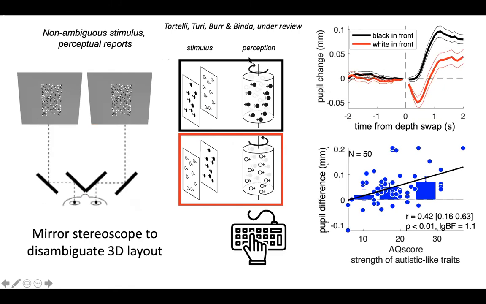So with a mirror stereoscope, which is a system of mirrors, we presented the dots so that they were at different depth planes, and therefore disambiguated the motion, clockwise and counterclockwise. This way, all the participants were reporting the same kind of perceptual oscillations. However, we still found a pupil modulation, and we still found a correlation between the size of the pupil modulation and the AQ scores.